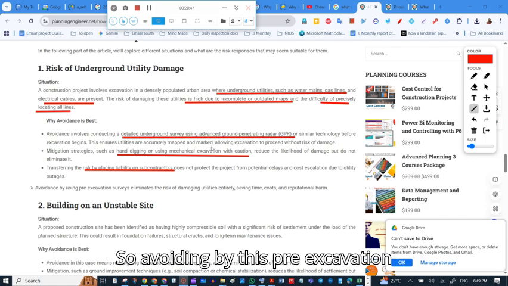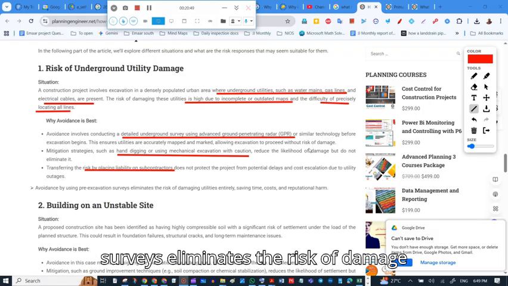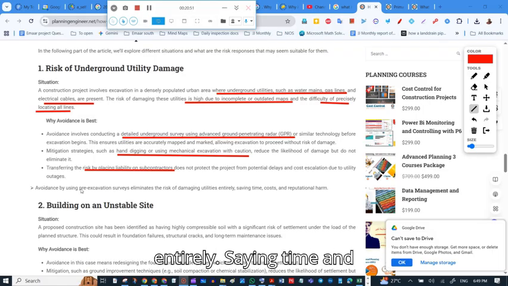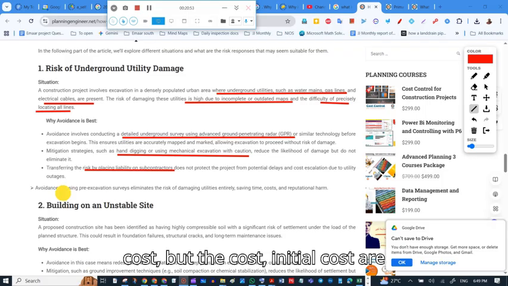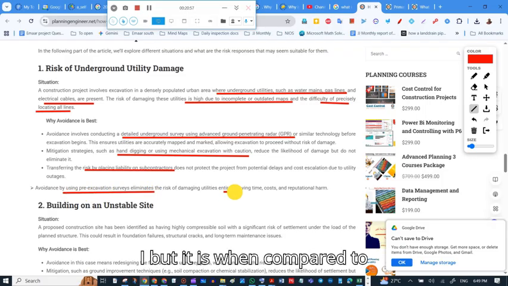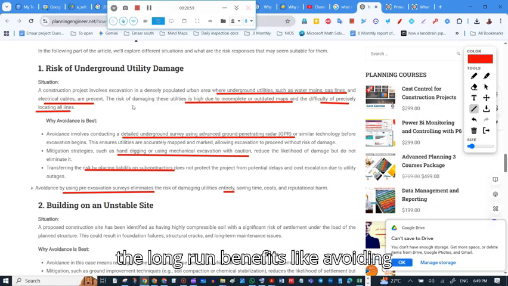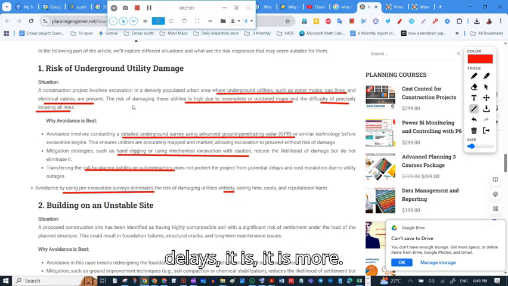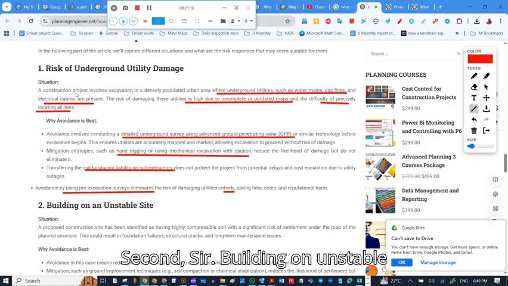So avoidance by pre-excavation surveys eliminates the risk of damage entirely, saving time and cost. The initial costs are high, but compared to the long-run benefits like avoiding delays, it is more useful.